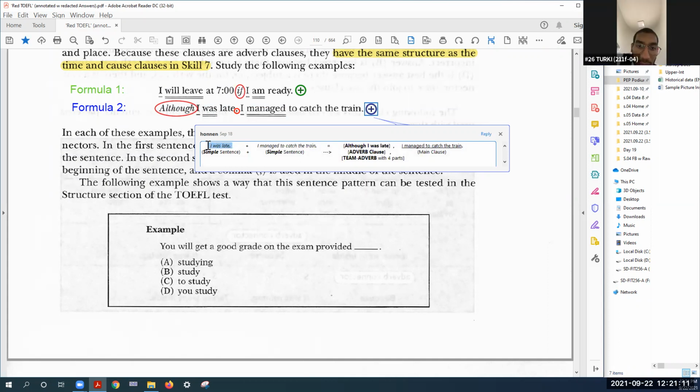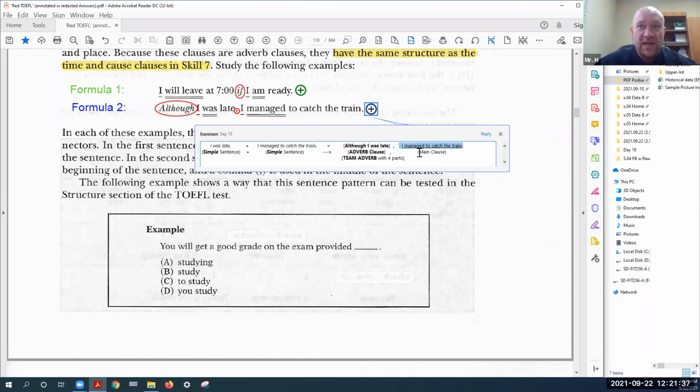I was late. What is that? Simple sentence. And then, I managed to catch the train. What is that? Simple sentence. Okay, and then let's join them. Although I was late, comma, I managed to catch the train.